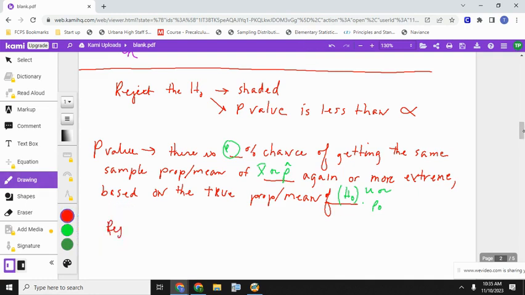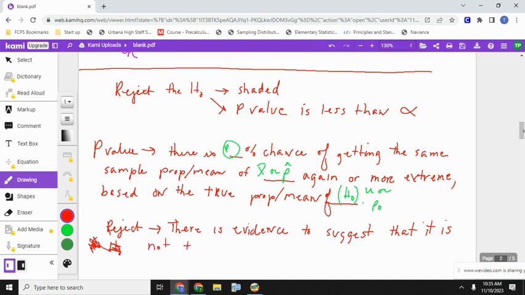Now, you'll have a reject sentence. In the reject sentence you will say, there is evidence to suggest that whatever it is, that it is not the H0.